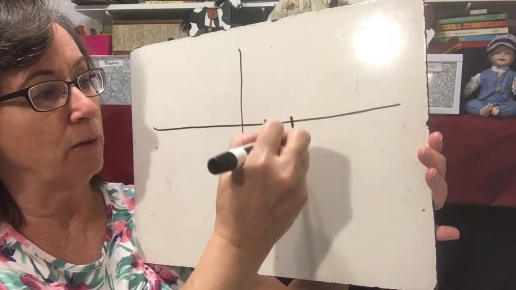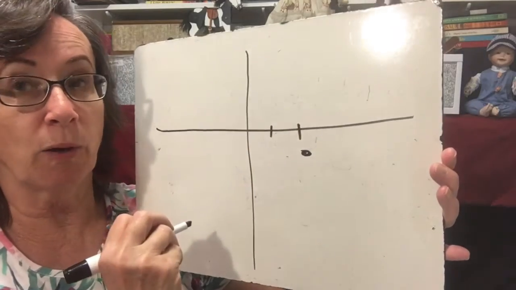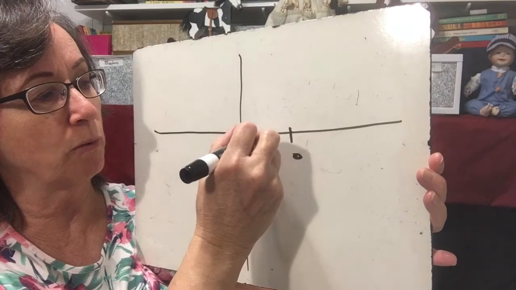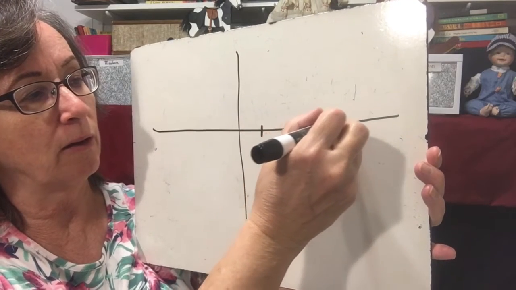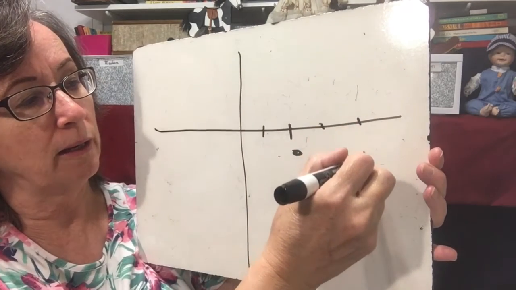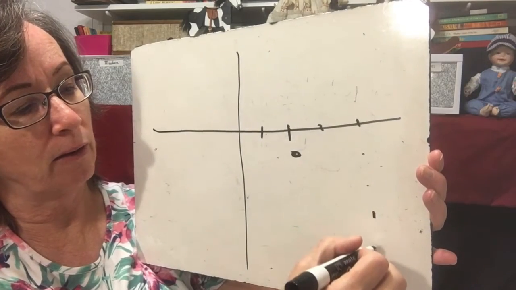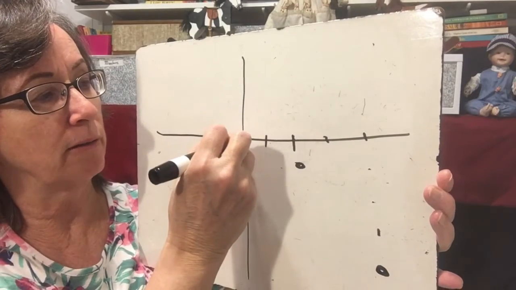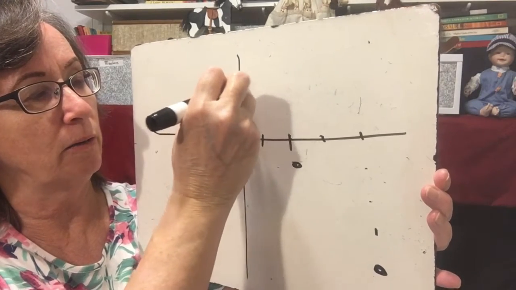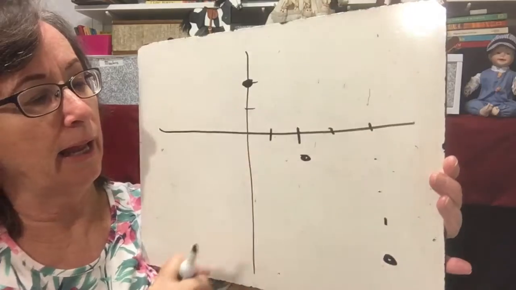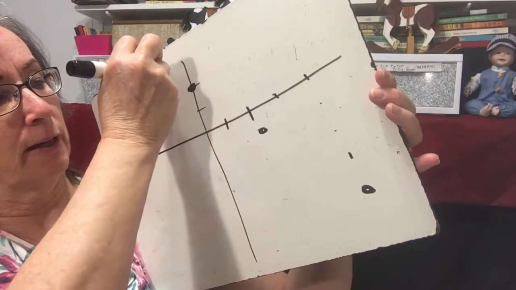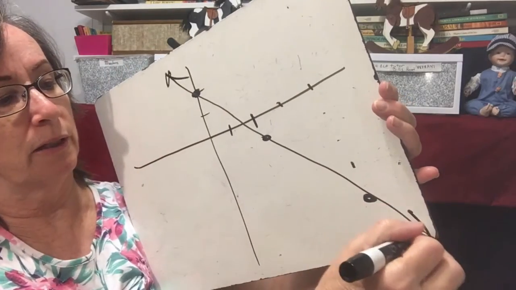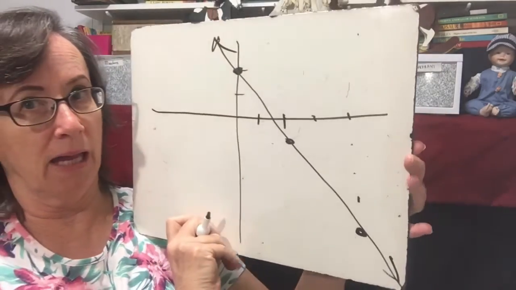Another point was 4, negative 4. The next one was 0, 2. And let's see if I can do this pretty good. That would be a real good graph of my line.